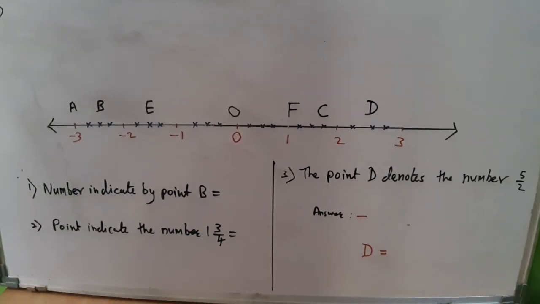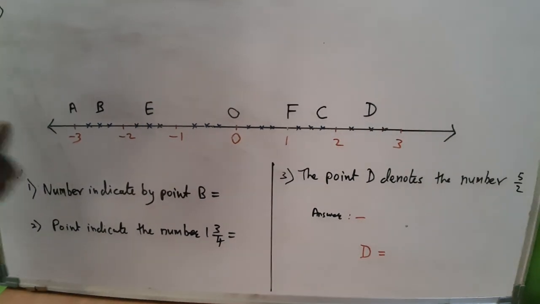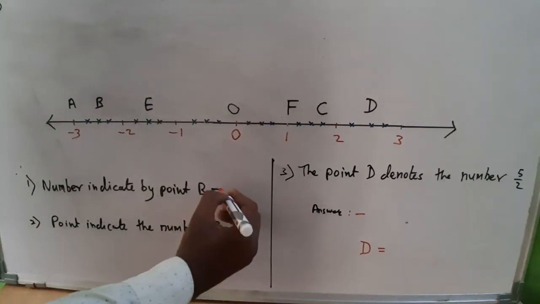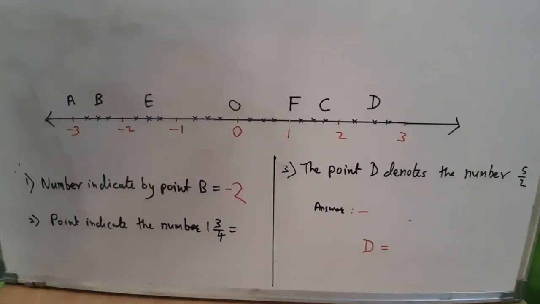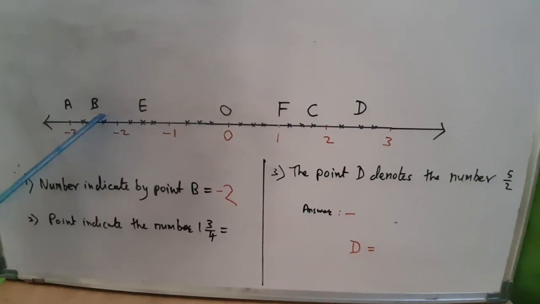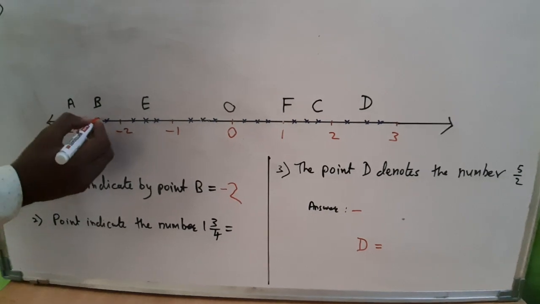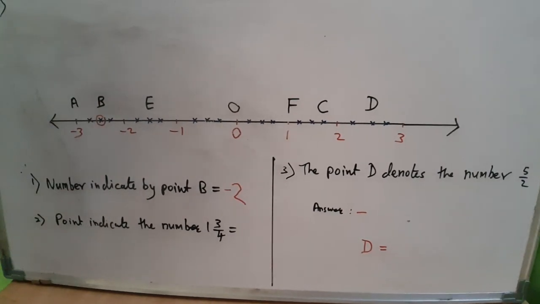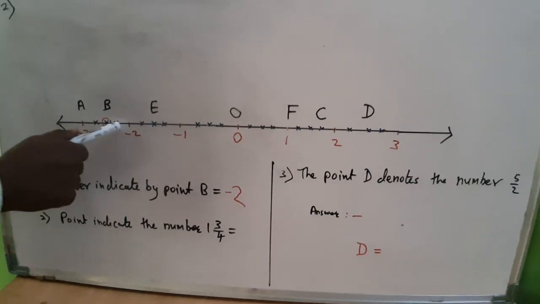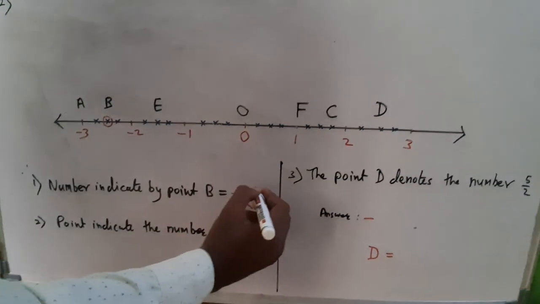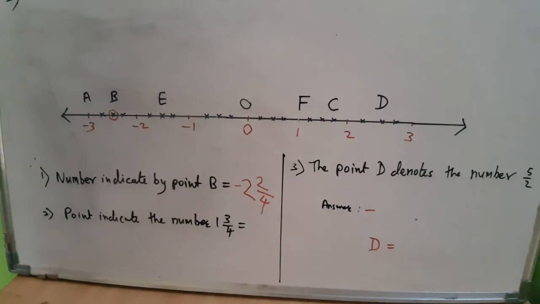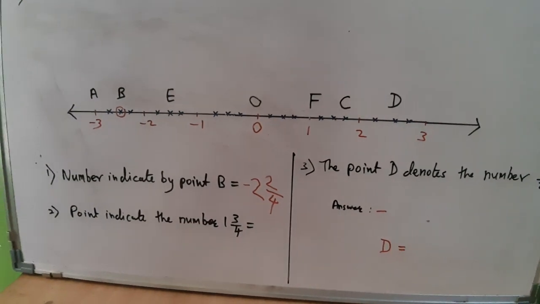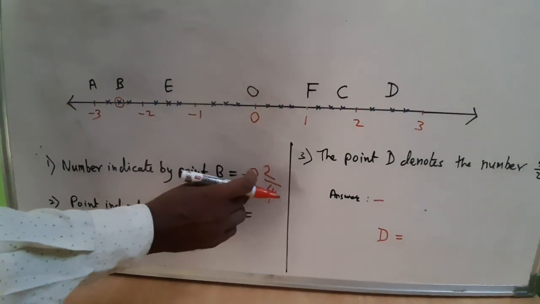Now we consider here, children, B after -2. First we have to write -2. After -2, how many places to B? 1 and 2. This is your point B. I can write 2 by 4. This is our first answer.